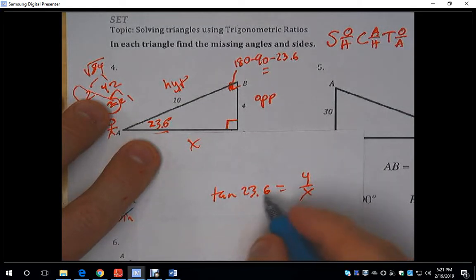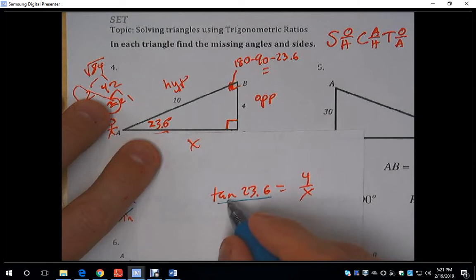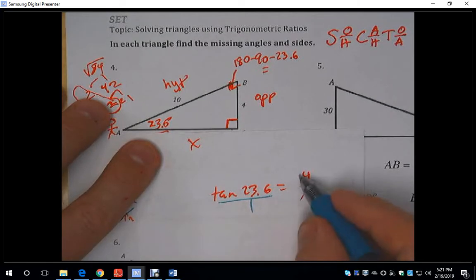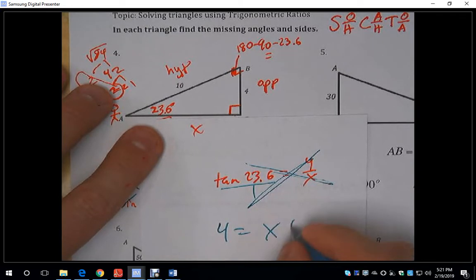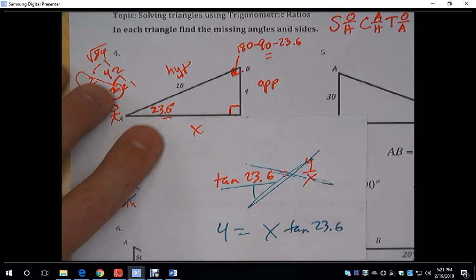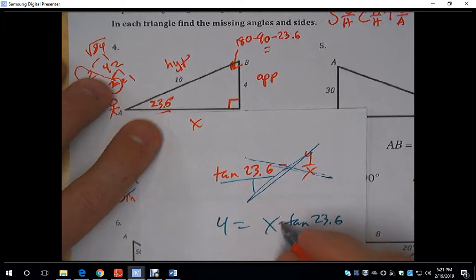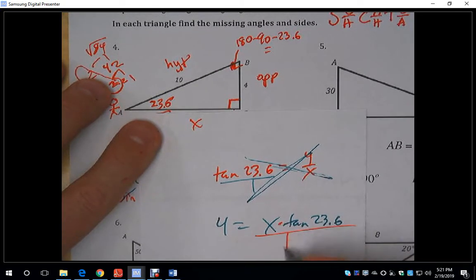Then I'm going to use cross multiplication. Tangent of 23.6 is the same thing as tangent of 23.6 over 1. Cross multiplying one way gives me 4, and the other way gives me x times tangent of 23.6. I'm going to divide both sides by tan of 23.6.